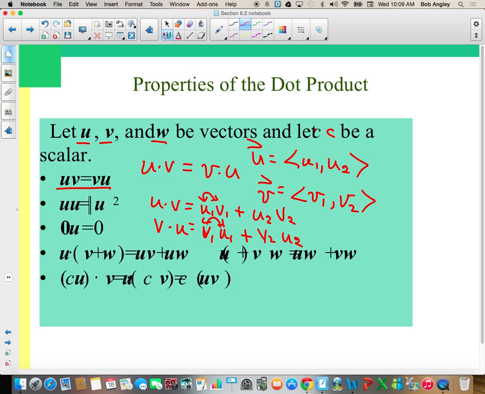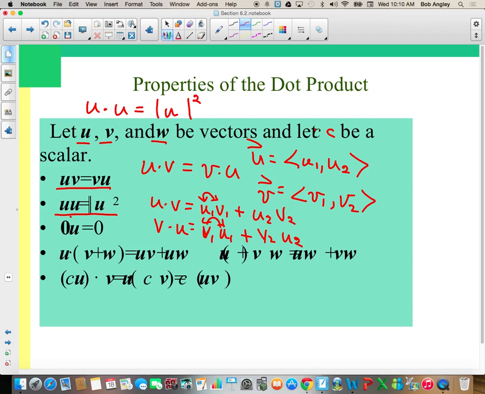We're not going to go through every property like that. I just want to tell you which of the properties actually are important, because we don't use a lot of these. This second one did not print well, but it says U dotted with itself is the same as the length of U squared.